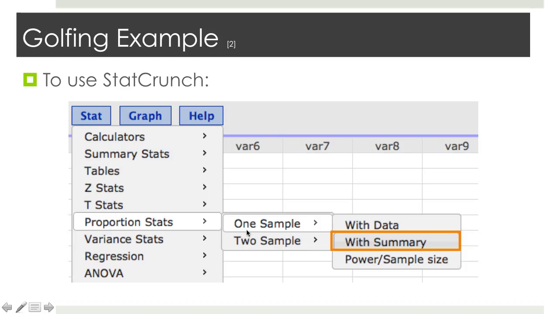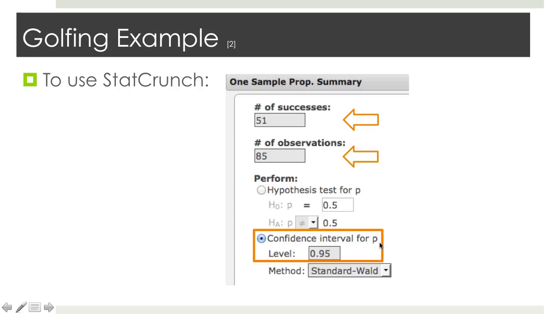Again, we have one sample here, and we have summary information. If we had a bunch of data that we imported into StatCrunch, then we could indicate with data, give it the appropriate commands and settings, and it would give us what we want. But here, since we have a summary, we're going to use this option. The next screen would ask us how many observations we have, so what's our sample size?